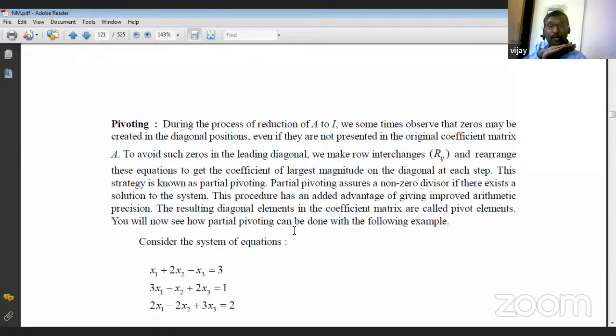The strategy known as partial pivoting assumes a non-zero diagonal exists, and it has the added advantage of improved precision. The leading diagonal elements in the coefficient matrix are called pivot elements.